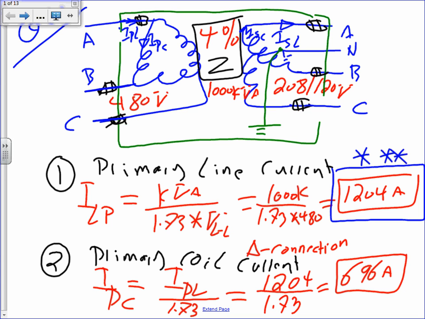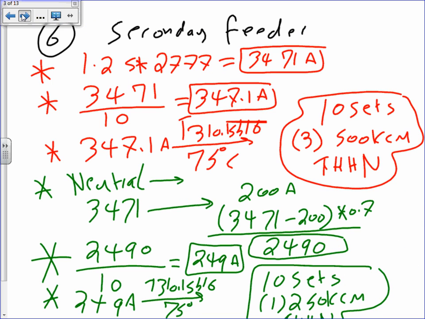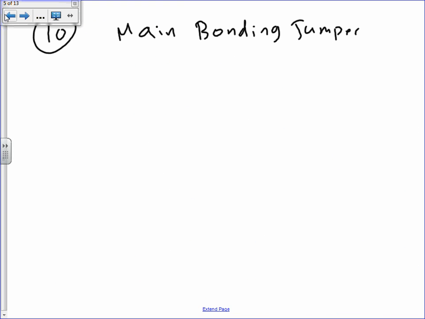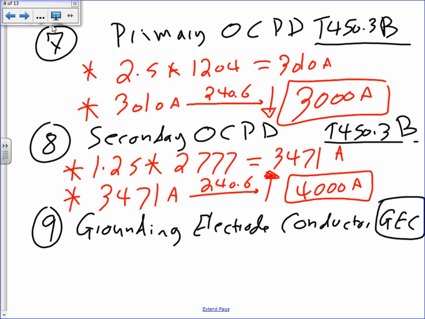If we have the grounding electrode conductor on the secondary, which conductor to use to size it? The secondary conductor, right? Thank you, my friend. So we multiply by the secondary.